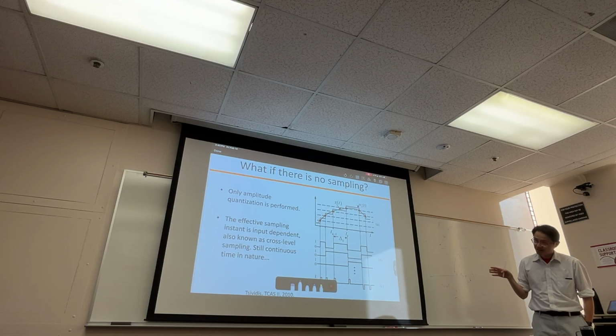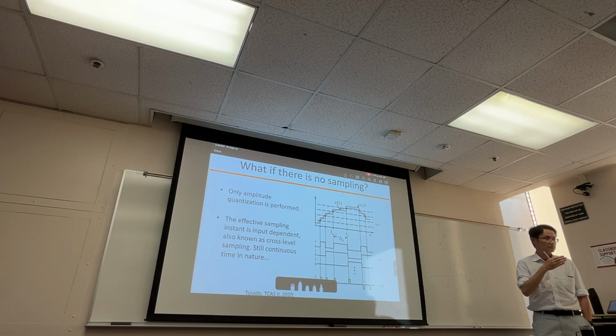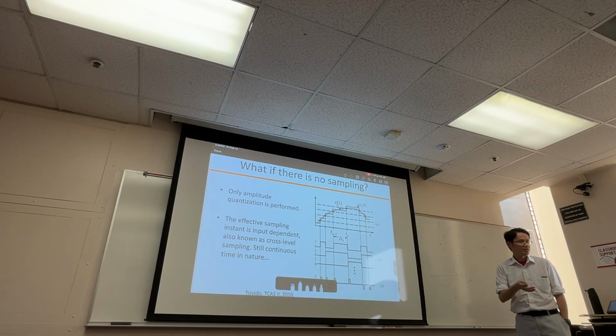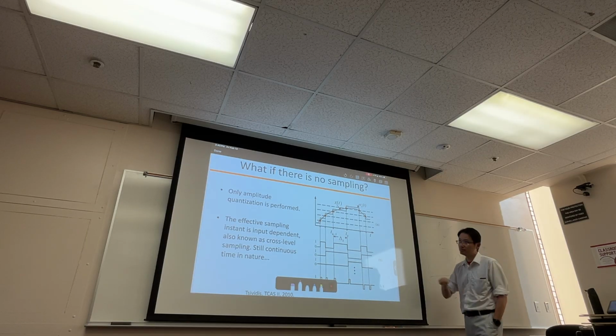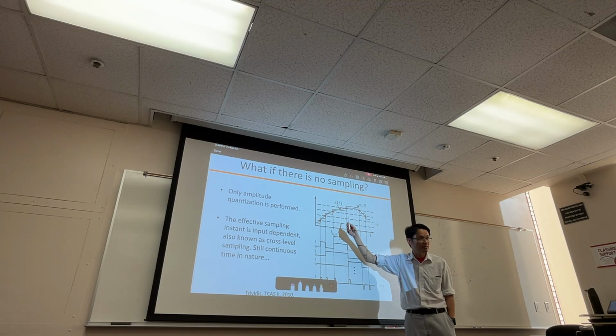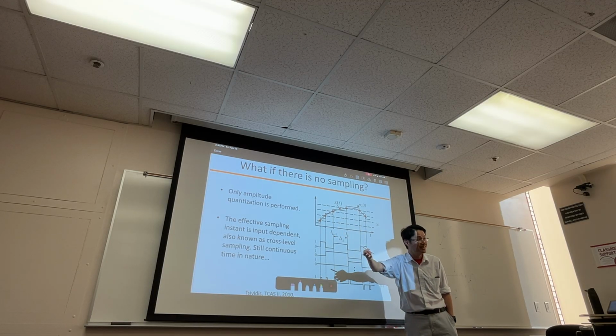Because this is a class, and I want to give you a comprehensive view: it is not the only ADC in the world where you have to sample at constant time, then quantize. You can do the other way around. You quantize the amplitude, and you don't quantize the time. So it becomes signal-dependent samples.